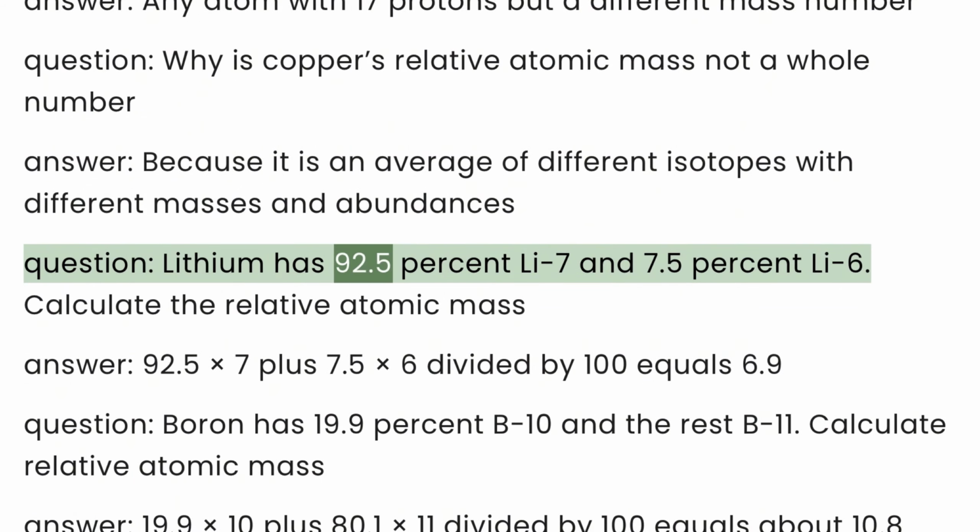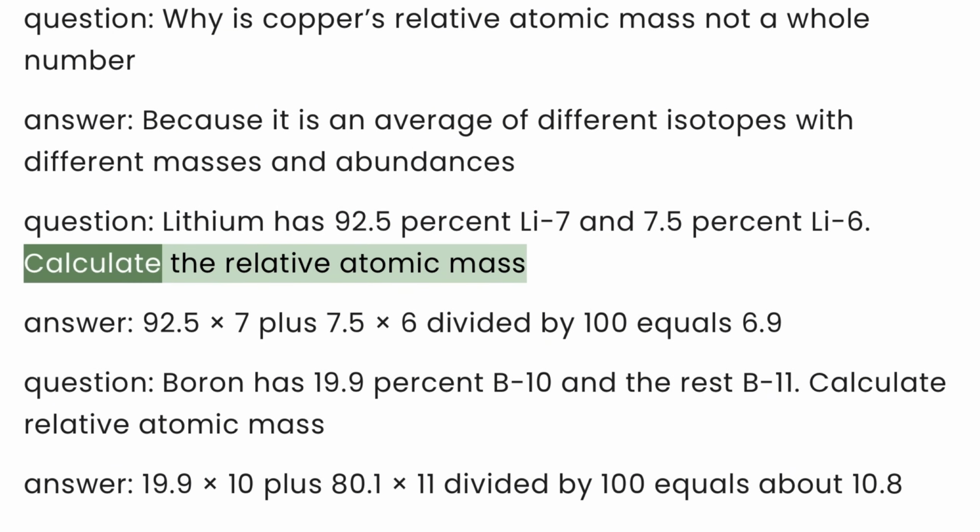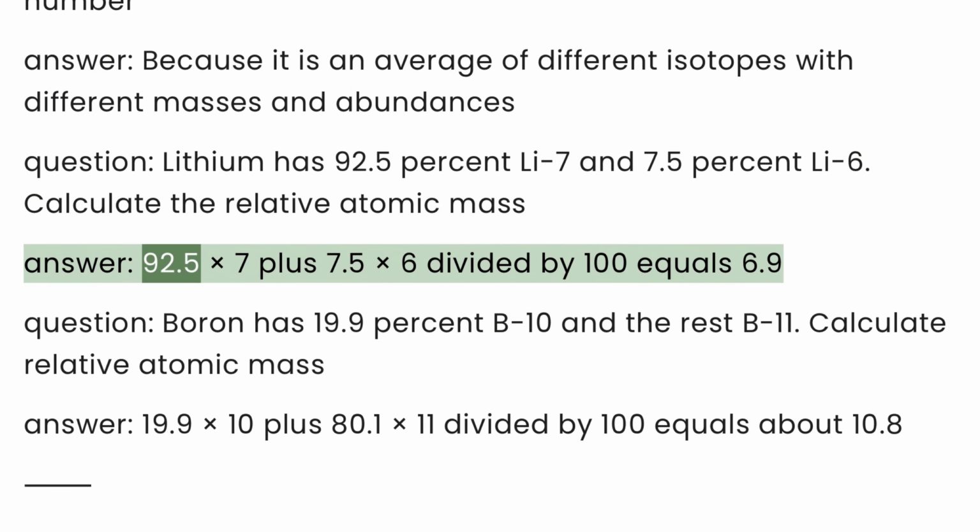Lithium has 92.5% lithium-7 and 7.5% Li6. Calculate the relative atomic mass. 92.5 × 7 plus 7.5 × 6 divided by 100 equals 6.9.